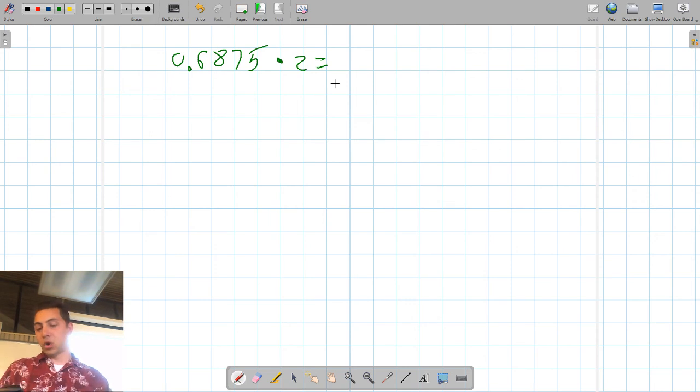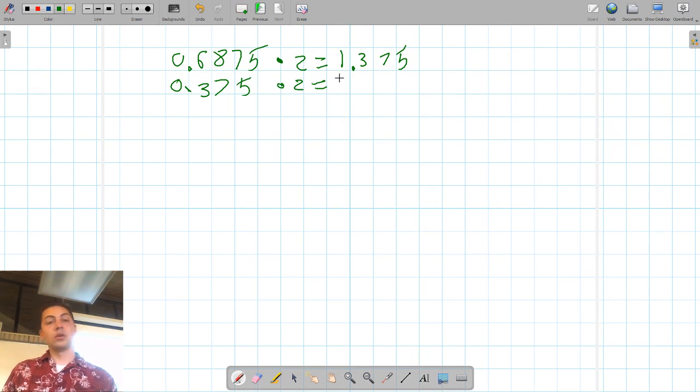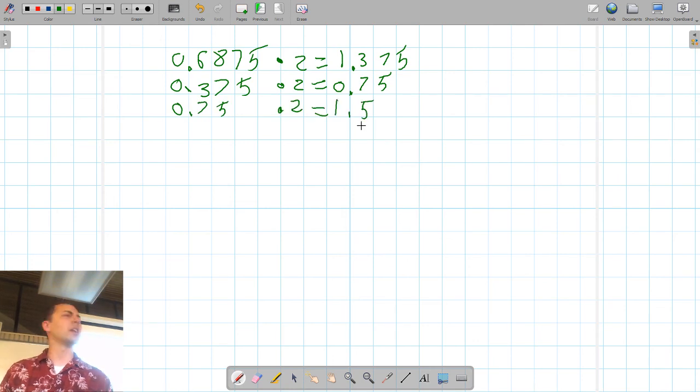What is 0.6875 times 2? It's 1.375. So what I'm going to multiply next is not 1.375, but 0.375 times 2, which is 0.75. Okay, then I take 0.75 times 2, that's 1.5, right?